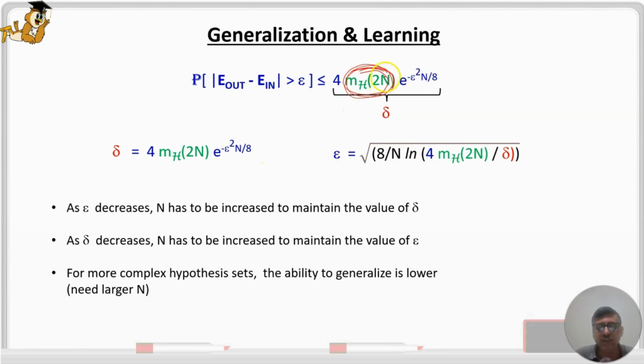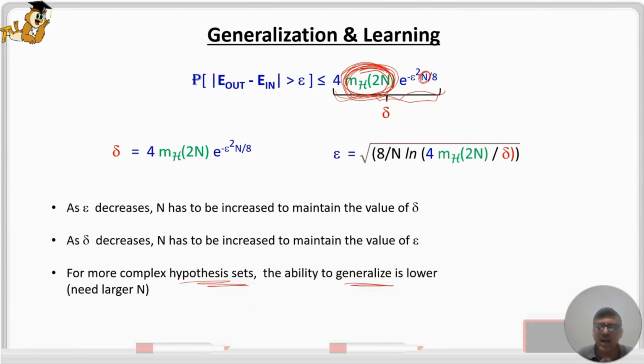Now, if this increases, in order to maintain the value of delta, you have to keep increasing n, right? You have to keep increasing n to compensate for any increase in the growth function if you want to maintain a constant delta. So effectively, for more complex hypothesis sets, the ability to generalize is lower.